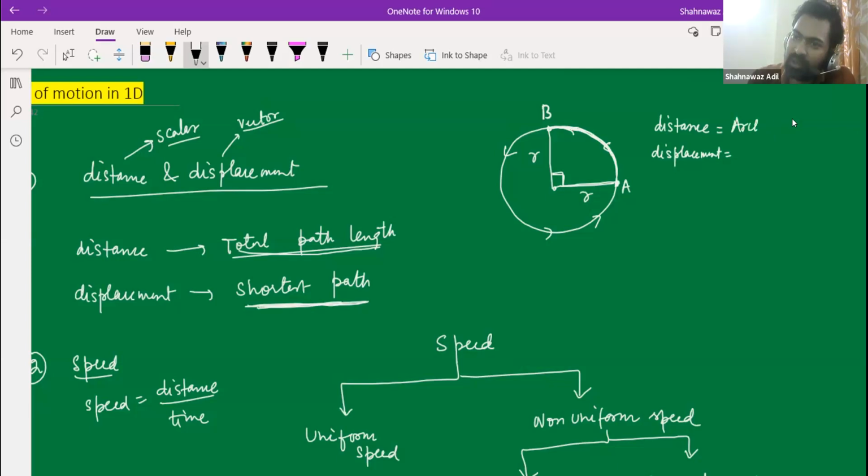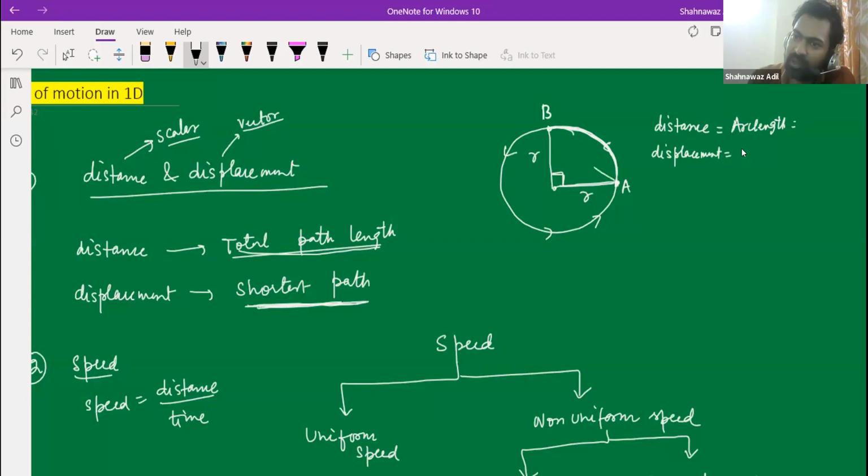So this is the arc length. And the displacement would be the shortest distance between them. So this would be the displacement. Right. So distance is arc AB and displacement is simply the straight distance AB.